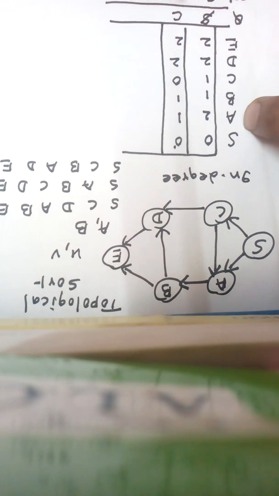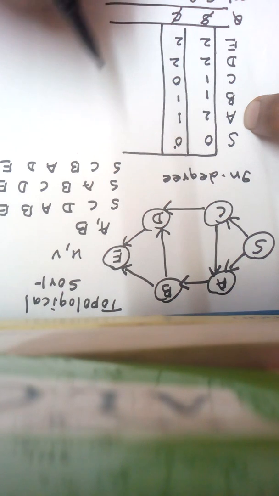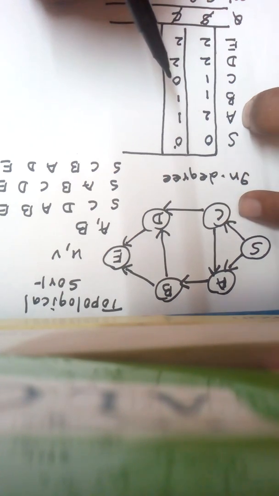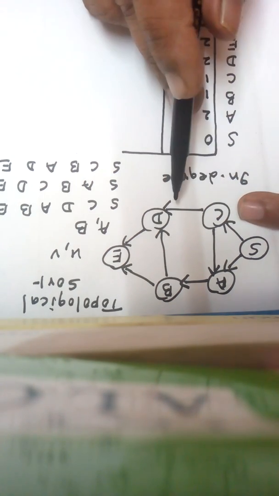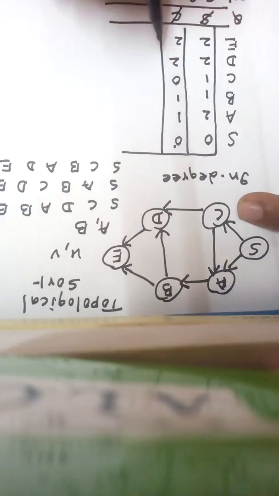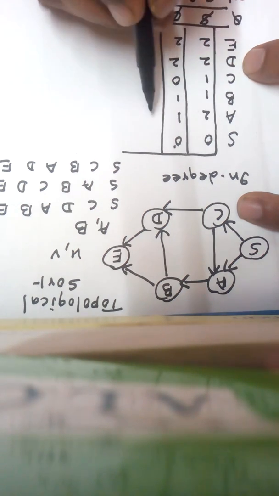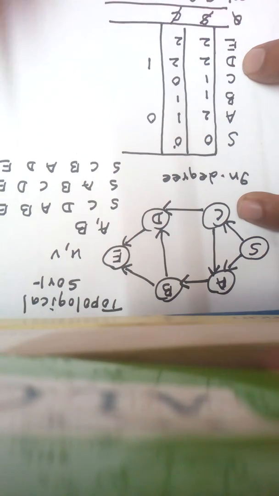Now DQing C will make C go into my solution set. So on removing C from the graph, we have the in degree of D getting reduced to 1 and in degree of A getting reduced to 0.